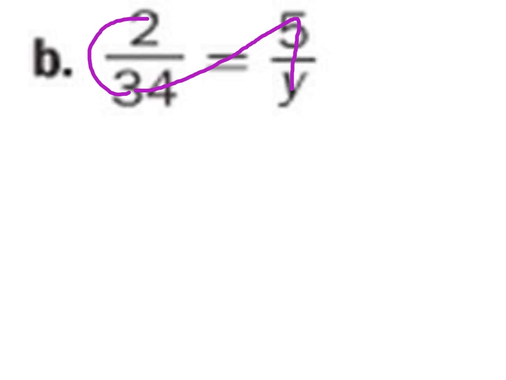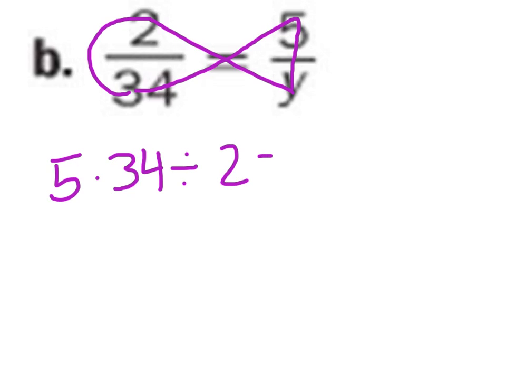Come around and go like that, and then you do 5 times 34 divided by 2 equals y.